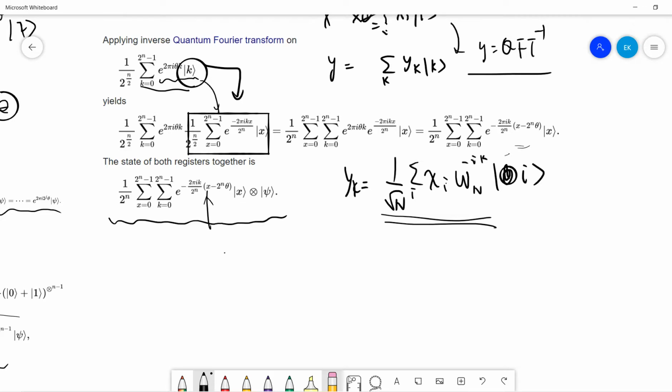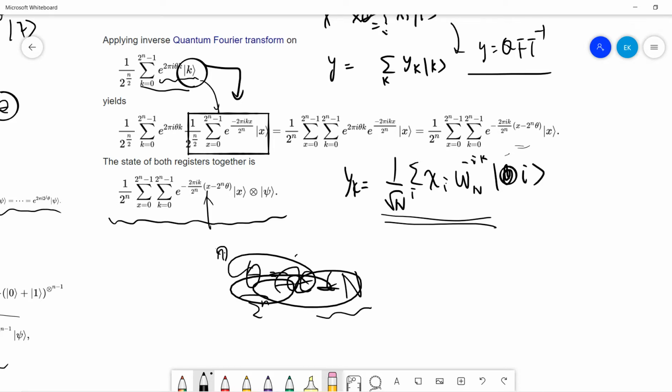So that means you can get an approximation. Let's assume that 2 to the n times theta will be an integer.